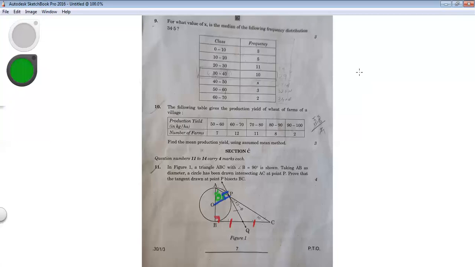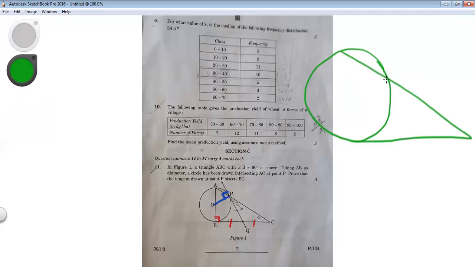Okay, I need to draw it a bit larger. So now see, this is the circle. It's going like this, right? And this is the point of tangency. This is center O, and this is perpendicular.